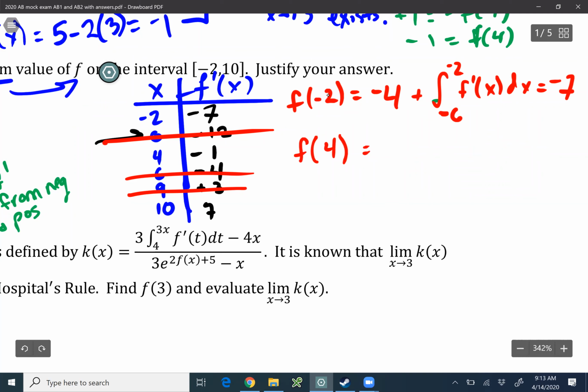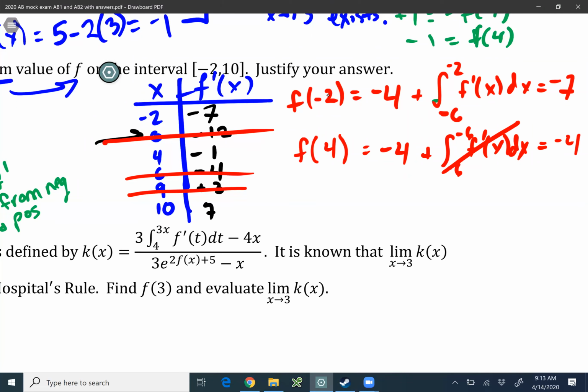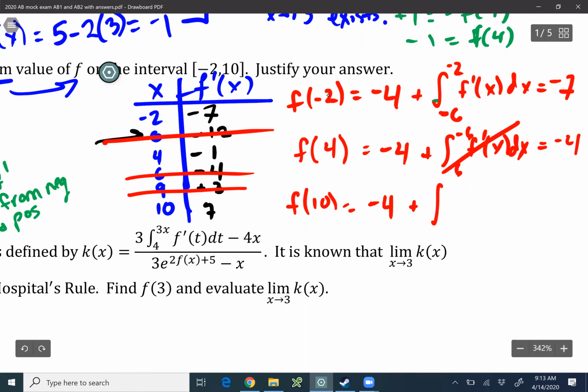And we could have done the same thing for f of 4. And if you wrote it out because you forgot that they gave it to us, you would have just realized, hey, negative 6 to negative 6, that's 0. And maybe you realize, oh yeah, they did give it to us, and it's negative 4 because they gave it to us in the question. And f of 10 equals negative 4 plus the integral from negative 6 to 10 of f prime of x dx.